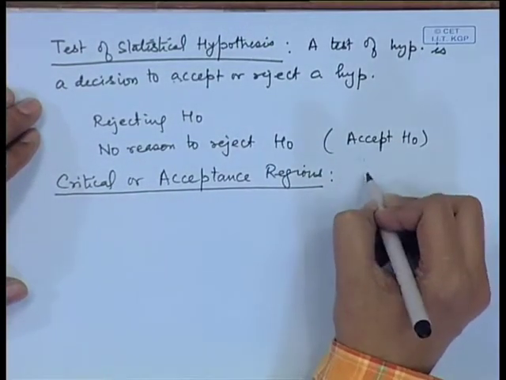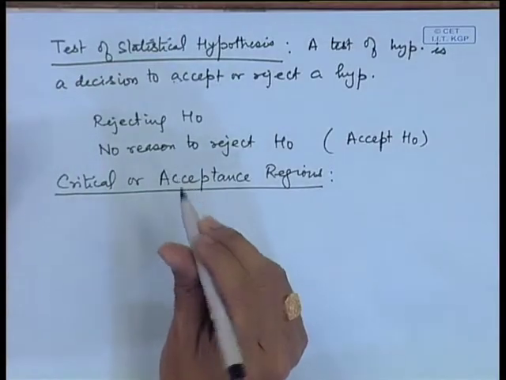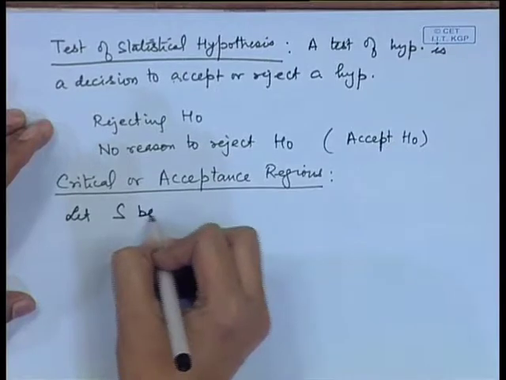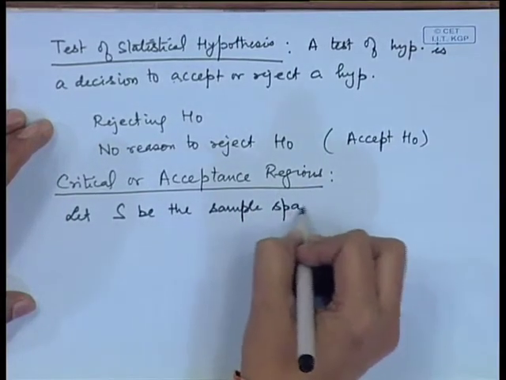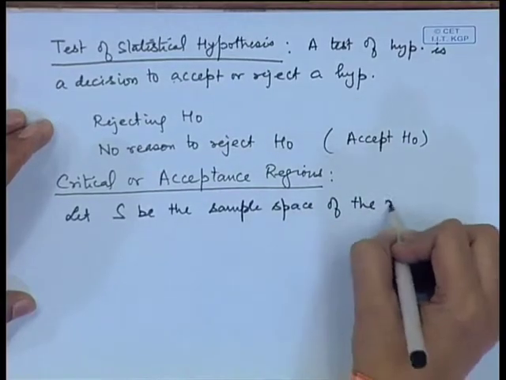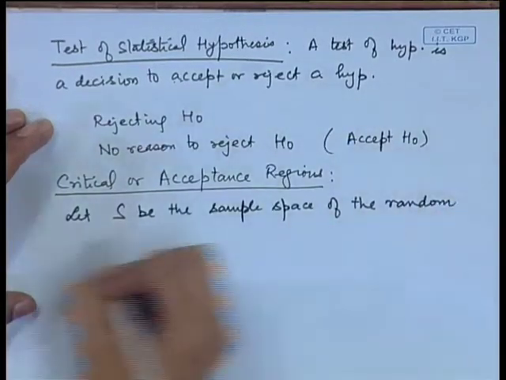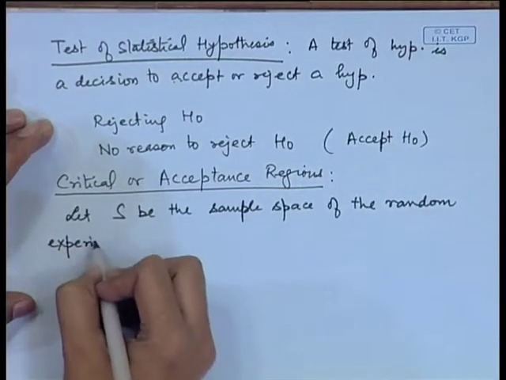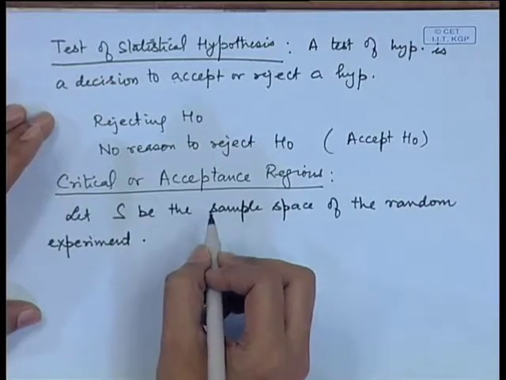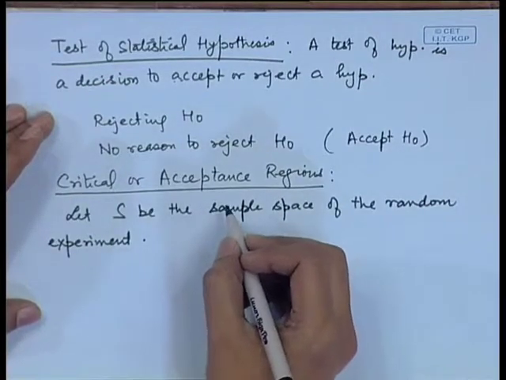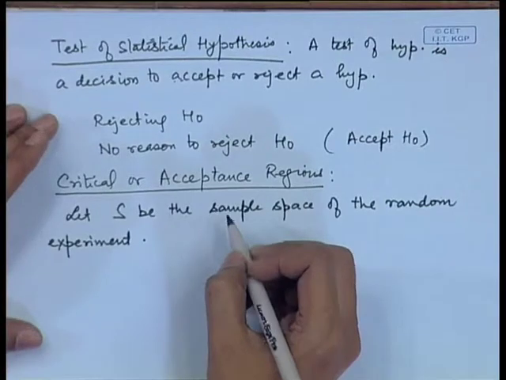Since the decision is based on the sample space, because we are observing a sample and that sample takes value in a particular sample space, let S be the sample space of the random experiment. On the basis of this, we will give the acceptance region and the rejection region.